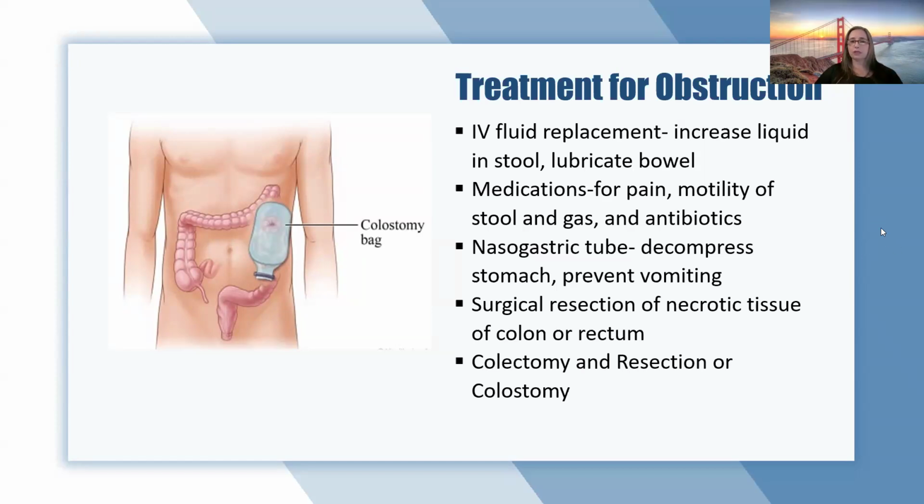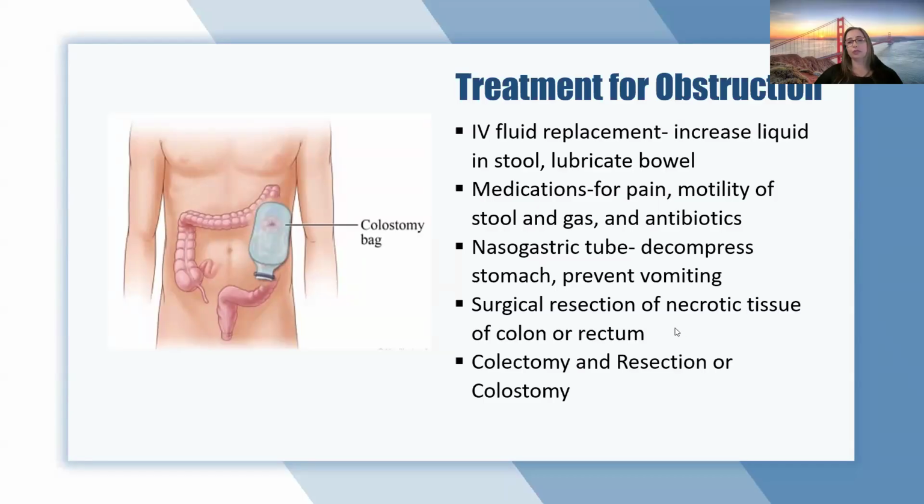Oftentimes, one of the first things they do is put an NG tube in, and that's a tube that goes through your nose down into your stomach. They hook it up to suction, and it actually keeps your stomach totally empty. The whole goal there is to prevent you from repeatedly throwing up, which can then, of course, put you at risk for aspiration and lots of other problems.